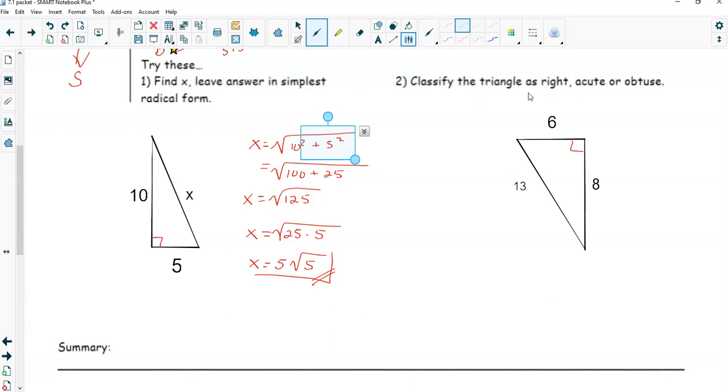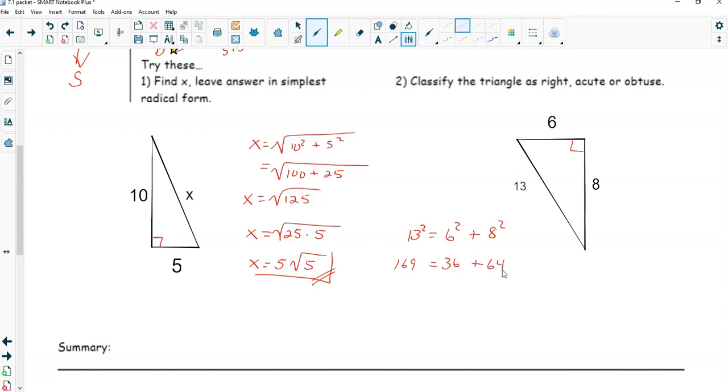Last one, classify the triangle as right, acute, or obtuse. Since I'm classifying, I'm going to find C, and I'm going to put it first. I'm going to say 13 squared is equal to 6 squared plus 8 squared. 13 squared is 169. This is 36.